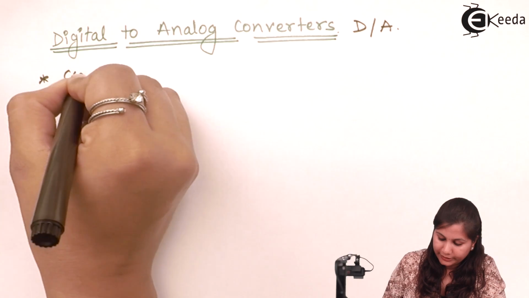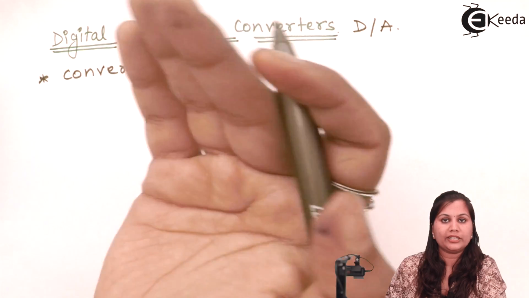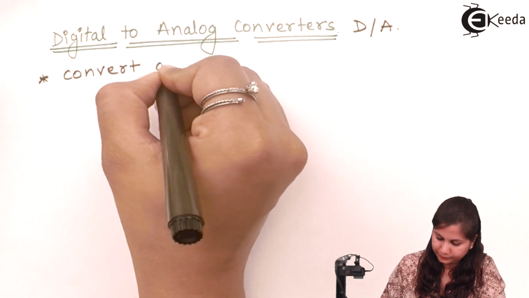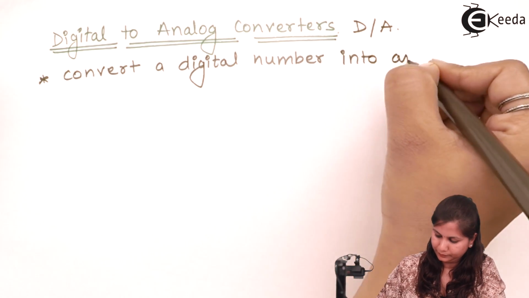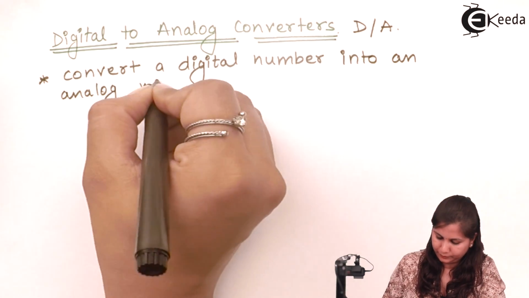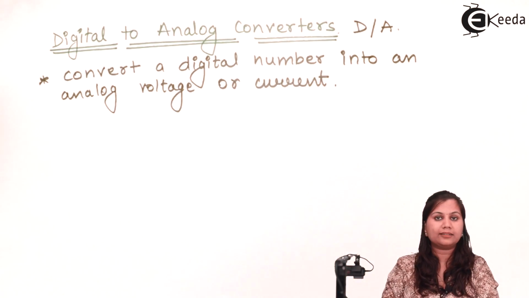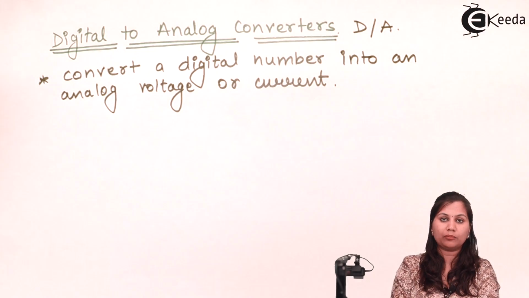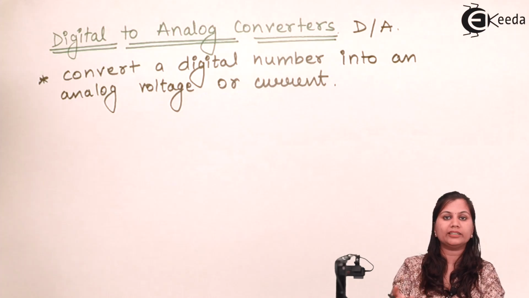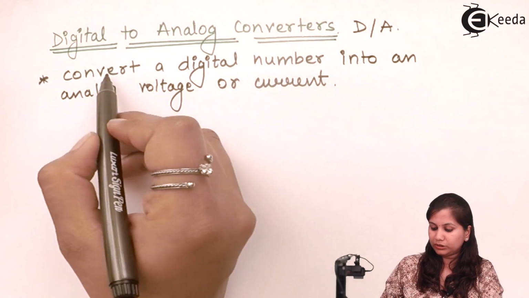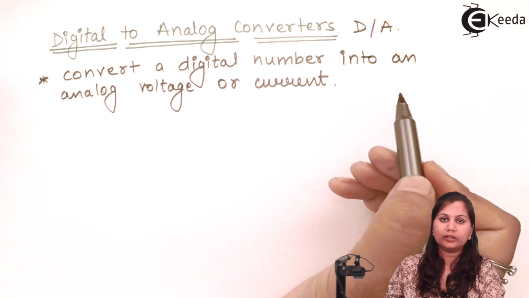They convert the digital number into an analog voltage or current. In measurement systems, voltages and currents are mostly the most important signals. So we want every signal to be converted into either voltage or current. So the digital number is converted into an analog voltage or current.